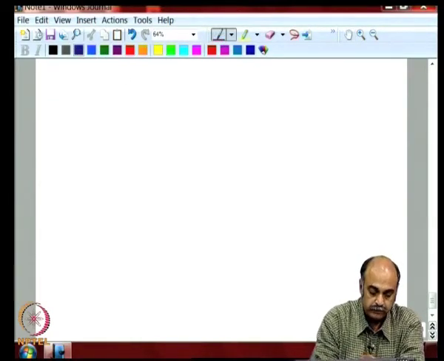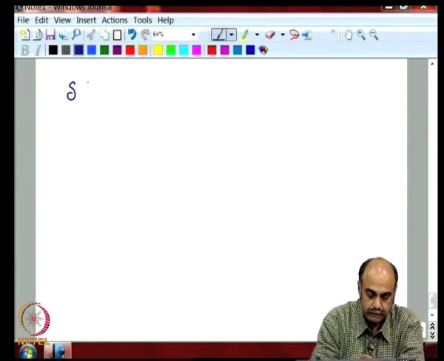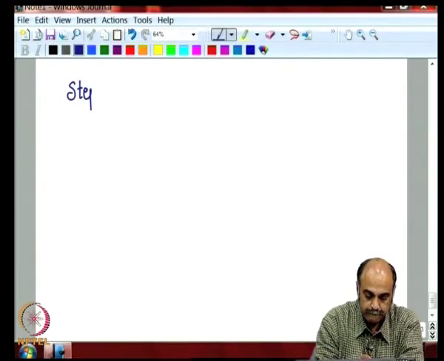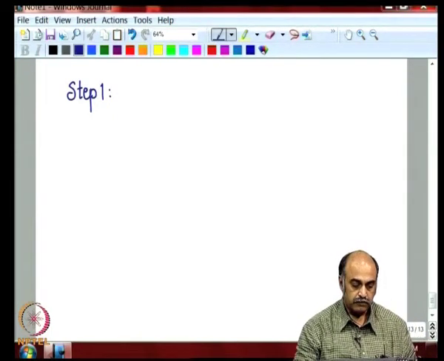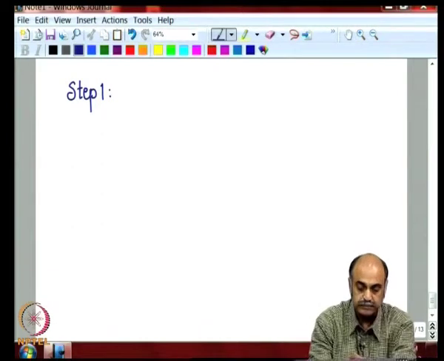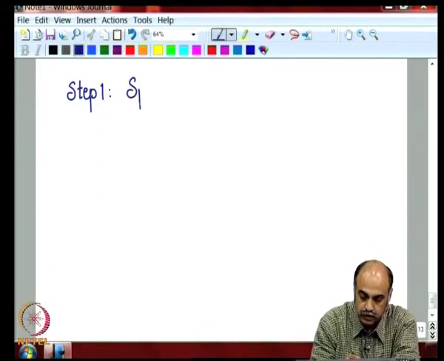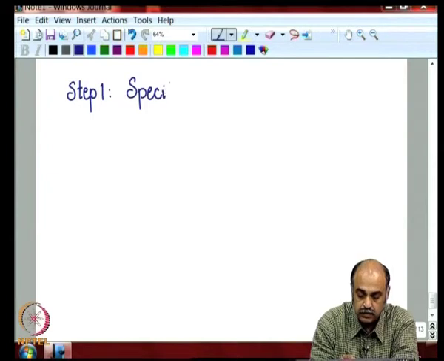So, step 1. What do we do? We first have to list down the specifications of the entire converter.